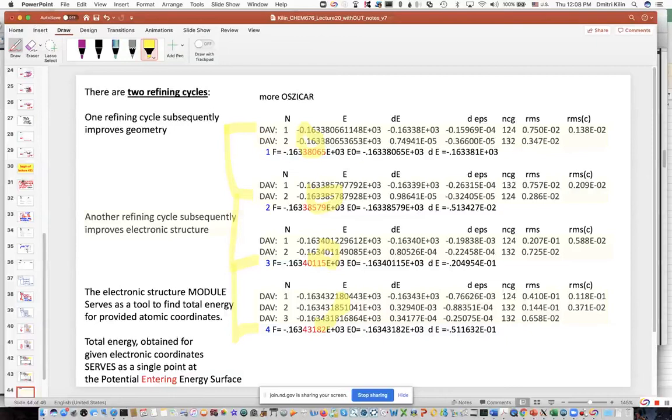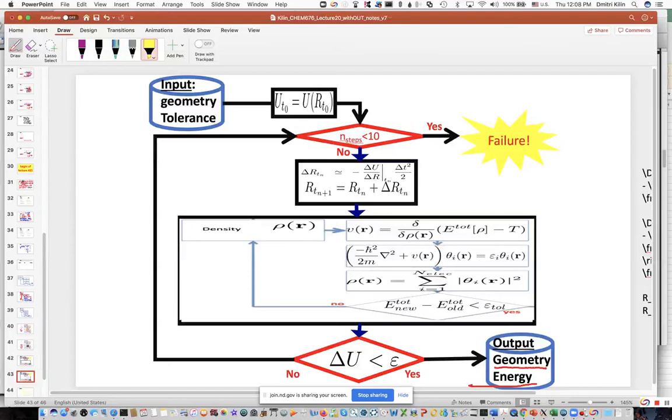So this is the exact implementation of this two-loop algorithm.